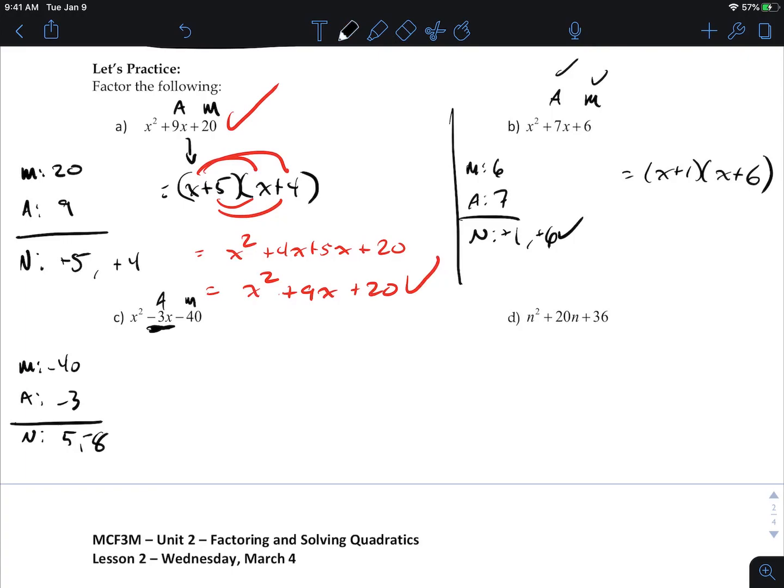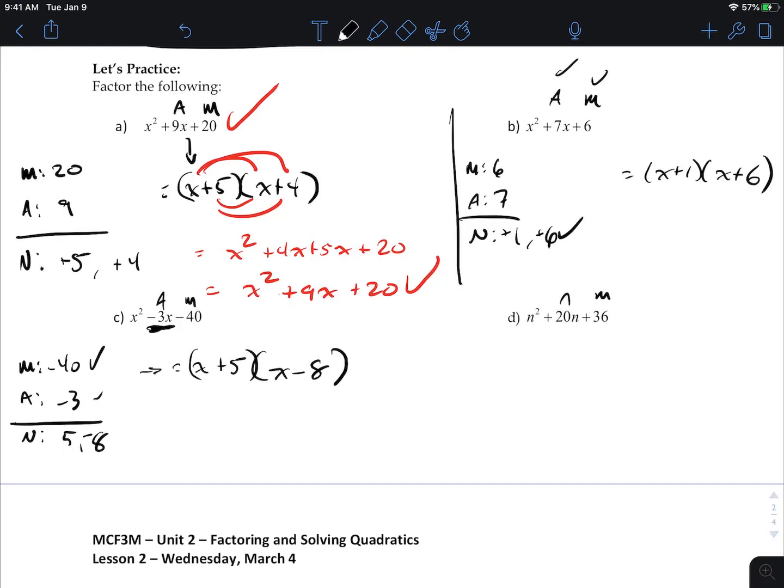That checks everything off, right? 5 times negative 8 gives me negative 40, and if I add 5 to negative 8, I also get negative 3. At which point I'm able to write x plus 5 multiplied by x minus 8. Okay?